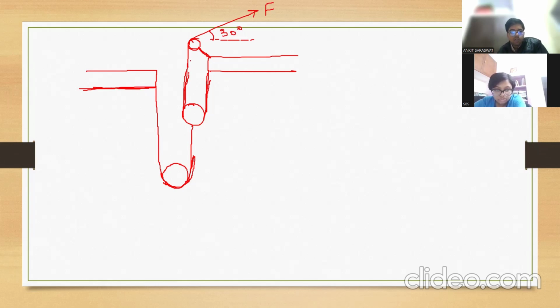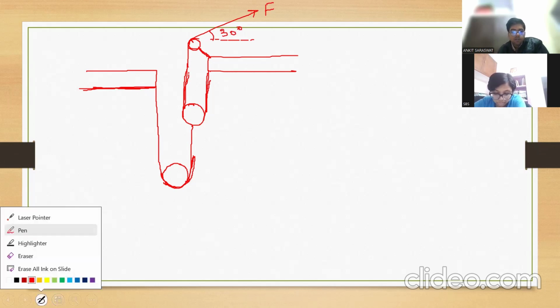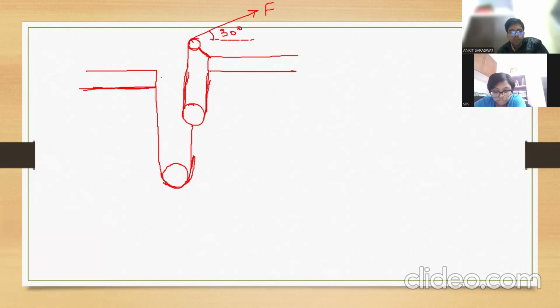Okay. String is, see, where is the string? I just want to explain. String is this. I want to highlight, the string is this. It is going to pass like this. Again, the string is there. Like this, somebody is pulling it directly. He is pulling the string with a force F at 30 degrees.